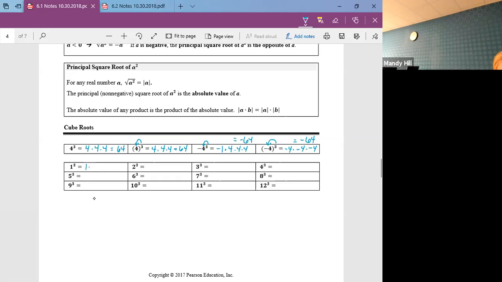Okay, so 1 times 1 times 1 is 1, 2 times 2 times 2 would be 8, 3 times 3 times 3 is 27, 4 times 4 times 4 is 64. Now, we don't want to have to write this out every time, so how do you type this on the calculator? 5 cubed.